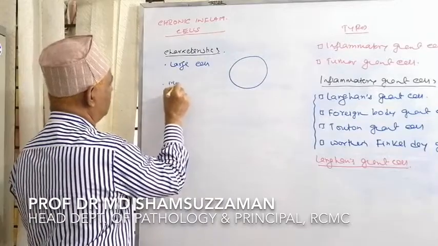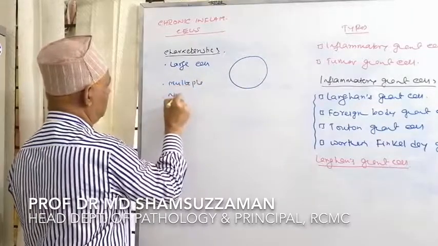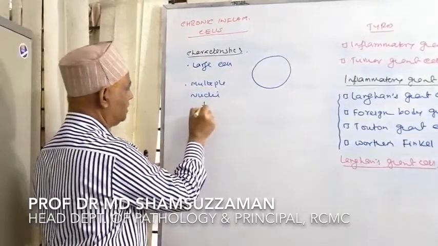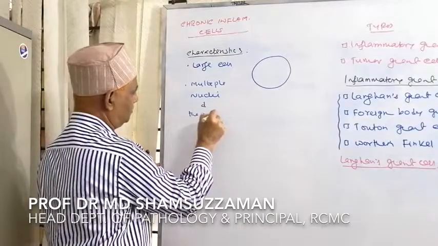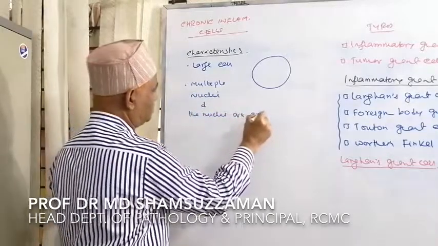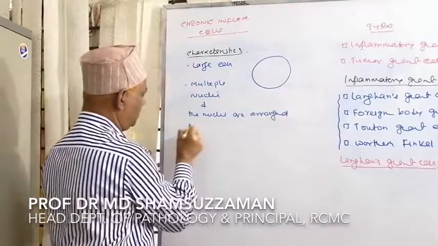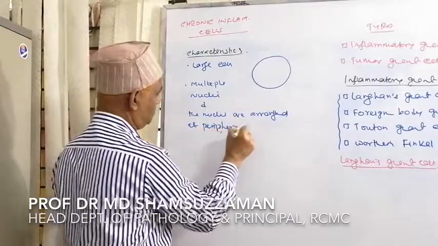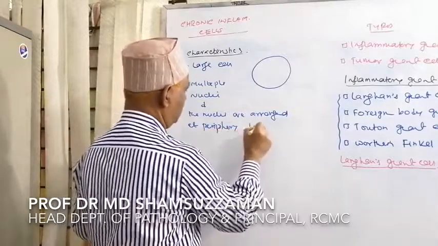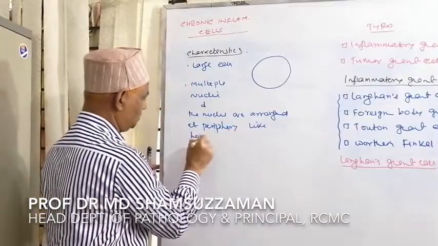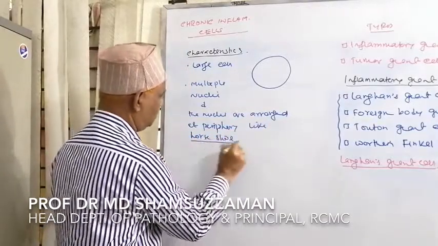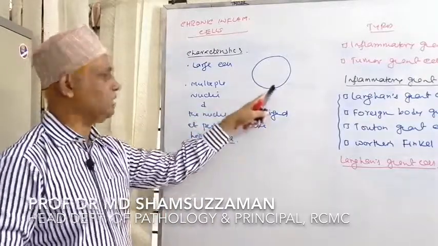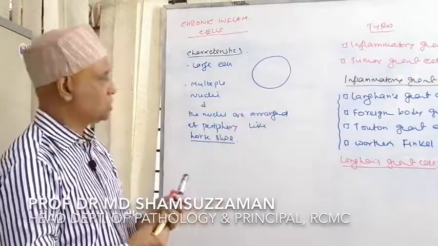Then multiple nuclei, and the nuclei are arranged at periphery of cell like horseshoe. So large cell containing multiple nuclei, and nuclei are arranged at periphery of the cell like horseshoe.